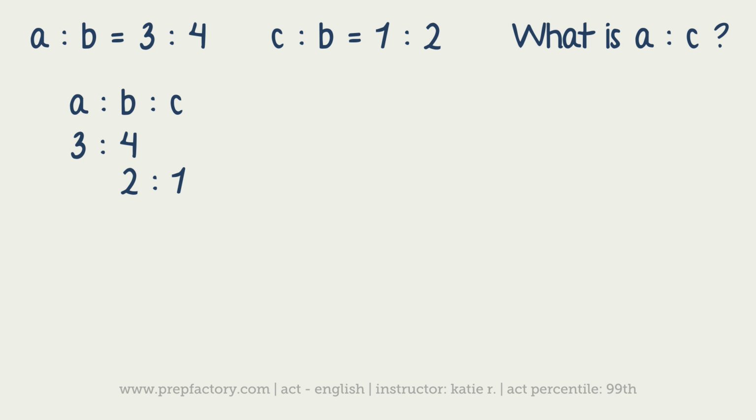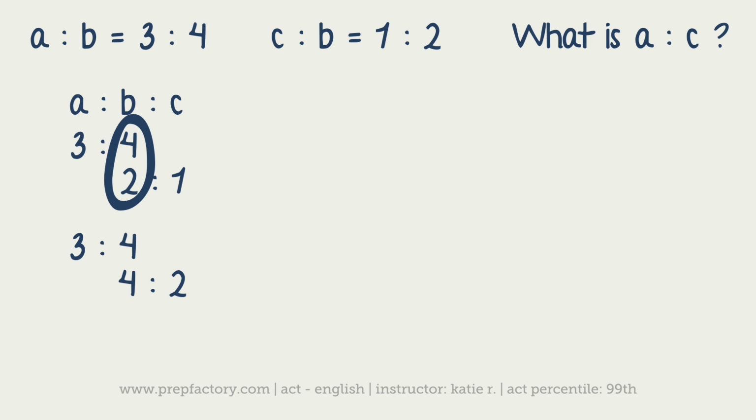And basically we want this B to be the same number here so that we can get rid of it. So the easy thing here to do is say, okay, when B is 2, C is 1, why not make B 4? Because then we can get rid of it. So then we would have 3 to 4, because that's the same thing, and then we turn this B into a 4, and instead of being 2 to 1, it would be 4 to 2.